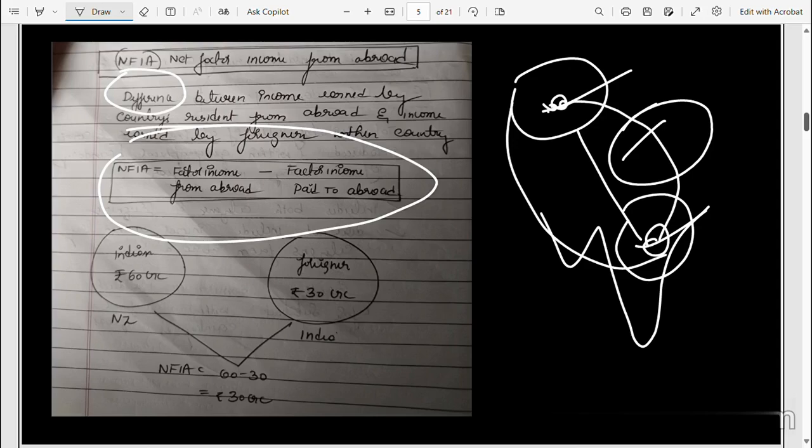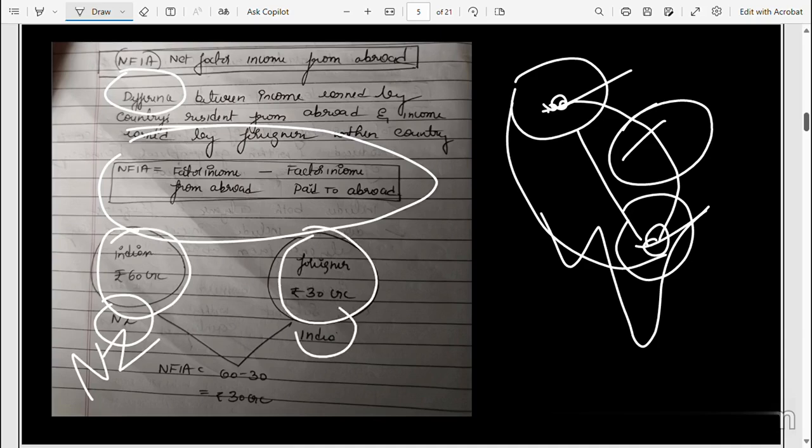Their difference is called the net factor income from abroad. For example, if an Indian in New Zealand earns 60 crore rupees and a foreigner earns 30 crore rupees in India, their difference will be 60 minus 30, which is 30 crore rupees. This is called the net factor income from abroad.